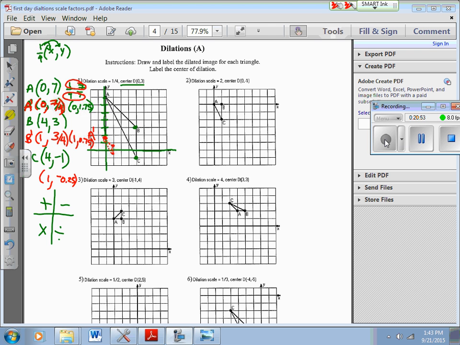Now I want you to take a look at something. Does everybody notice that the B's, when I connect them, because that's where B prime is, right? And A prime is right here when I connect them.